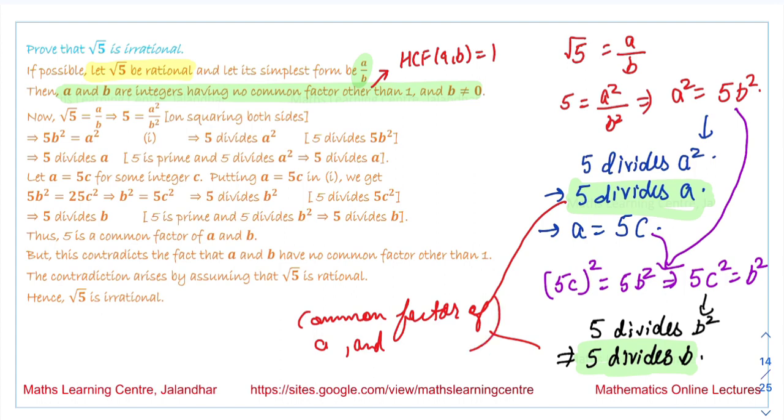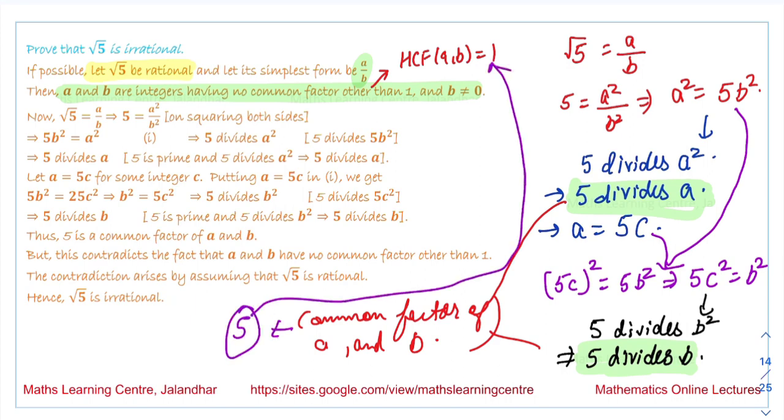We are saying it is 5, the common factor of A and B, it is 5. And this is a contradiction to the fact that HCF of A and B is 1. It means whatever we have supposed, that is root 5 is rational, is wrong.